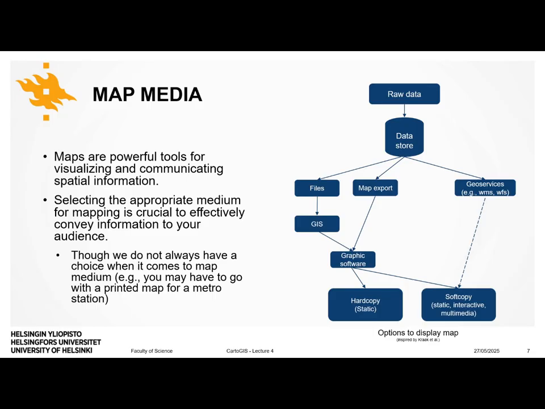So you go through GIS. Whether you do analysis or not, you usually go through a graphic software before making the final product. And that graphic software can be like the layout view of QGIS. QGIS as a GIS is the part where you have the layers, the tools and everything.